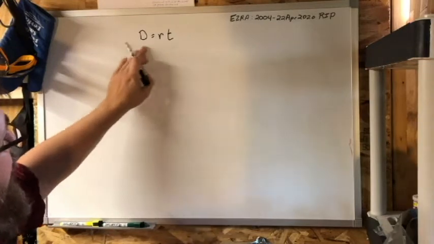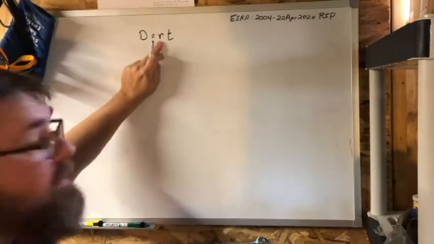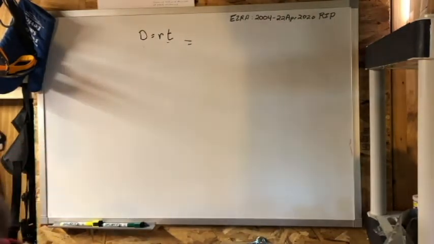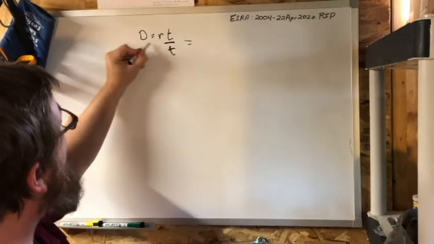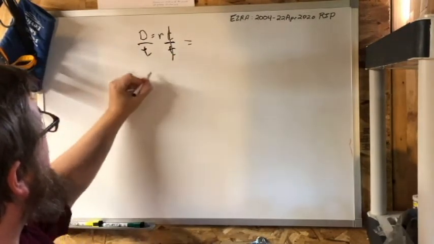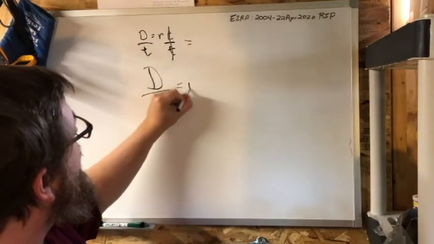If you solve for other quantities here, if you need your rate, you need to get rate alone on one side of the equation, so you would divide by your time. This would cancel out, and you would essentially get your distance over your time is equal to your rate.